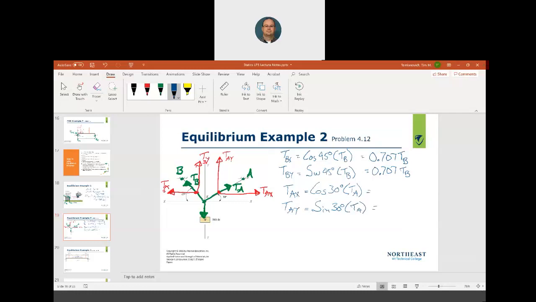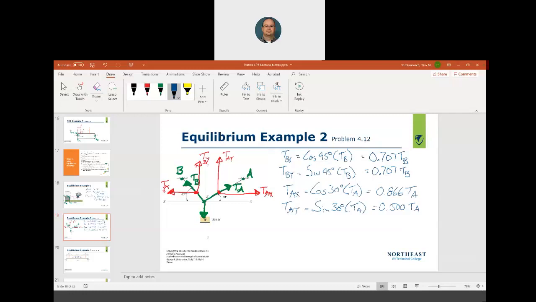So cosine of 30 is 0.866, so 0.866 TA. Sine of 30 is 0.5, so 0.500 TA. All right, so this is in X and Y.